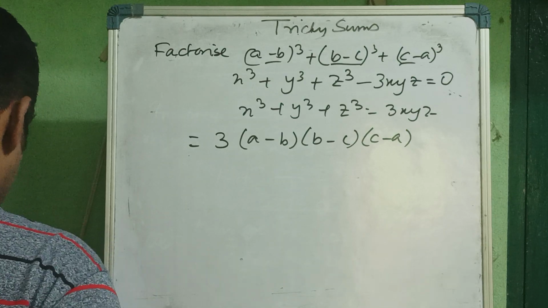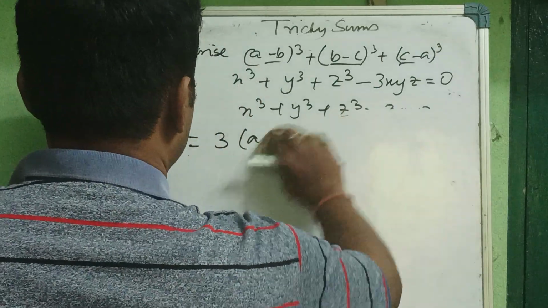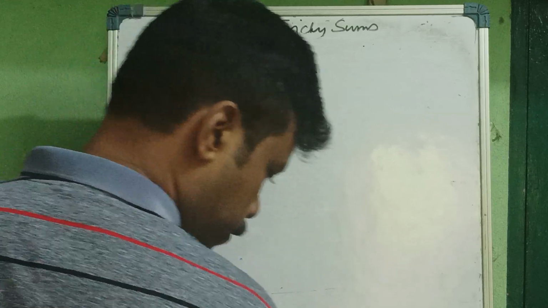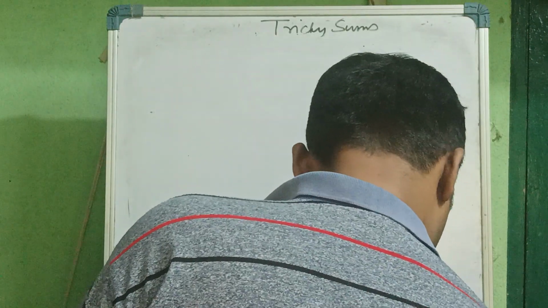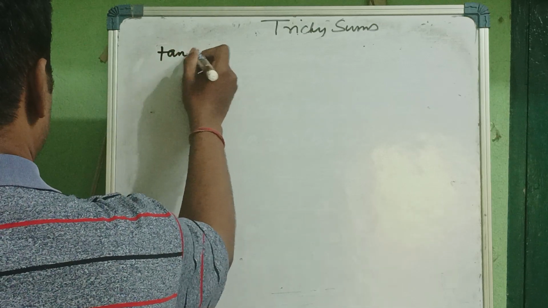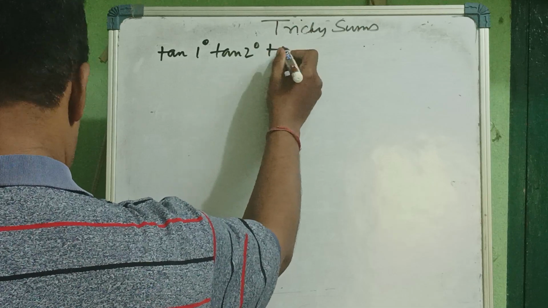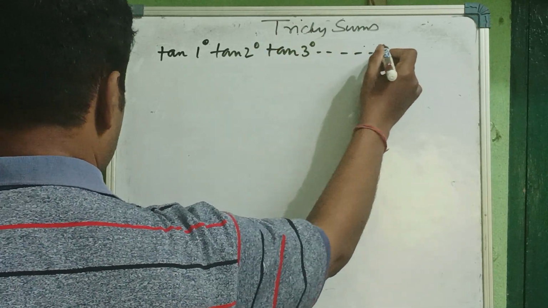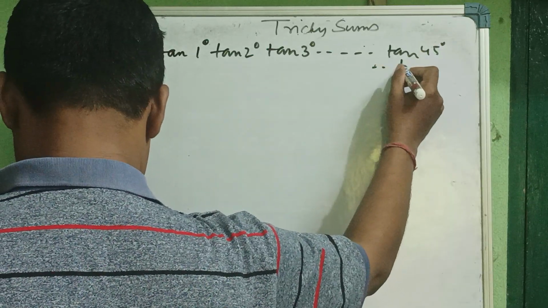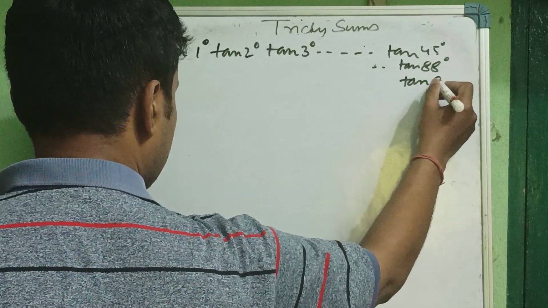Now the question is from trigonometry, and that is tan 1 degree, tan 2 degree, tan 3 degree, dot dot dot, up to tan 45 degree, dot dot dot, tan 88 degree, tan 89 degree.